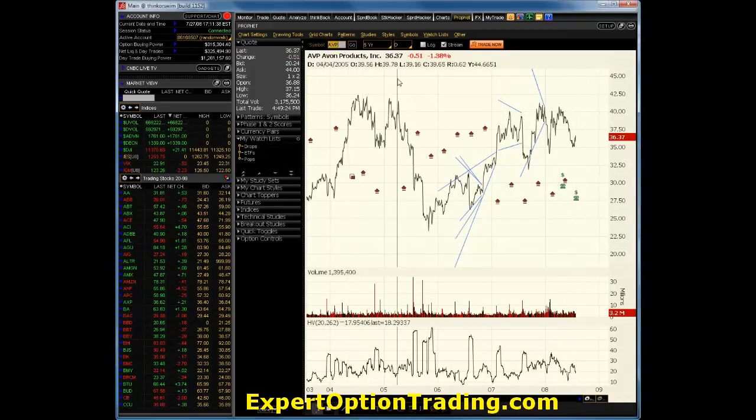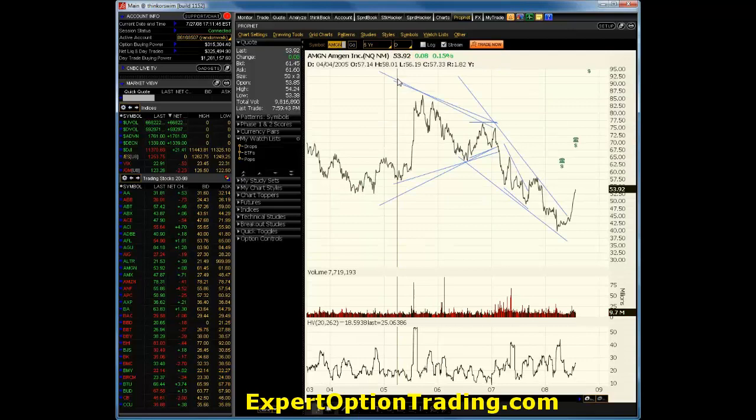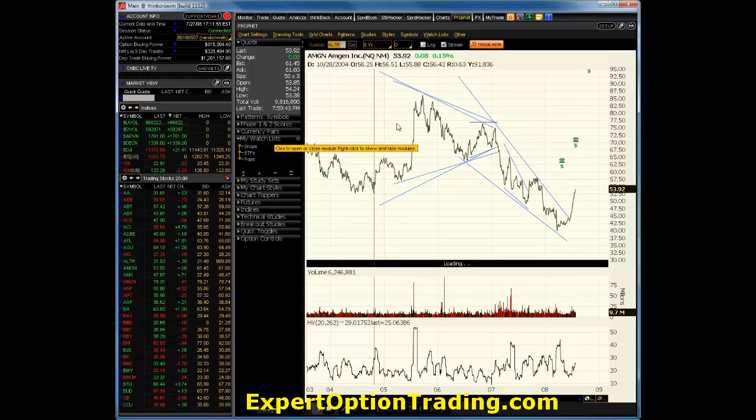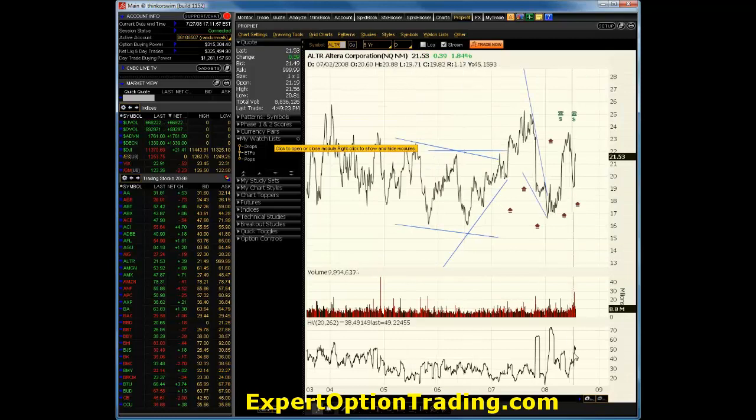Now let's take a look at some of the other ones on my trading list. Let's go to Amgen. This is a judgment call, but I'd say it's probably in the middle of its range right here. Altera Corporation, it looks like it's probably in the higher end of its range.